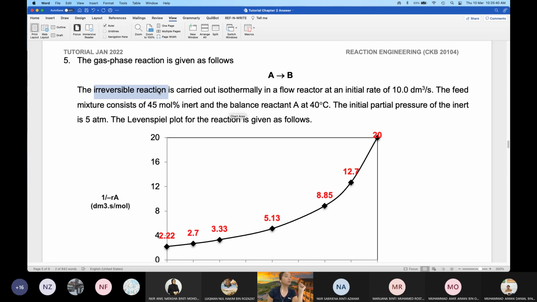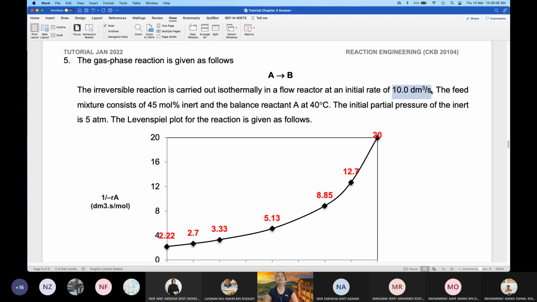Next, isothermally. Until chapter 6, you will learn isothermal only, meaning there is no change of temperature during the reaction. But later in chapter 6, you will learn about systems where we have a change of temperature. Okay, so that one is so far okay. Next, it says flow reactor, and initial rate of 10 dm cube per second.